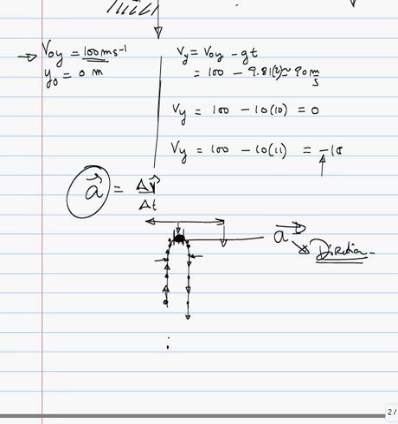So between all the points on the way up, this acceleration, which is always down, will cause the velocity magnitude to decrease. As the object is coming down, this same acceleration will cause the velocity magnitude to increase in the opposite direction. At the tip of this little parabola, this acceleration is still present.